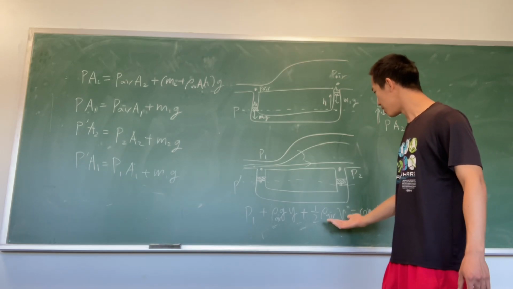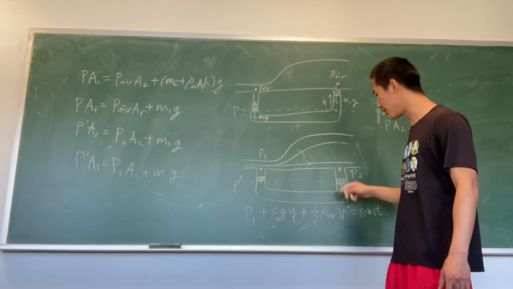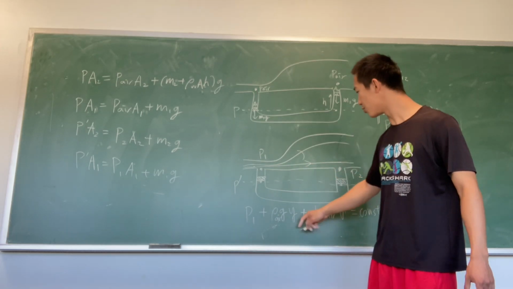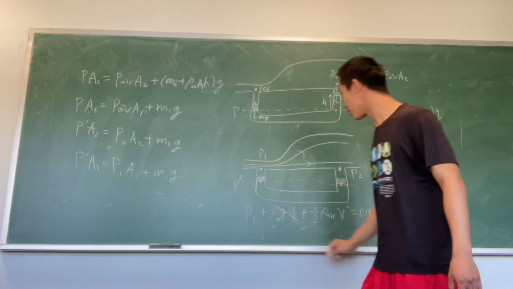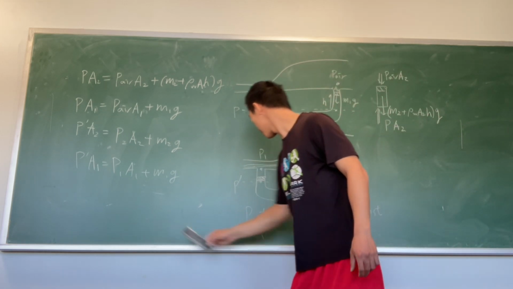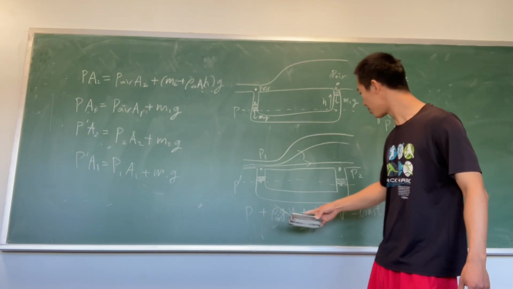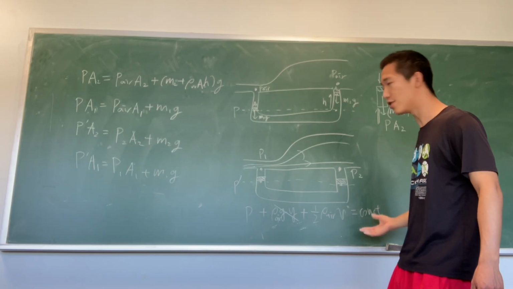If I sum up the 3 terms at this point and this point, they should give me the same answer because these 2 points have the same y position, so I can ignore this term. So the pressure plus potential energy plus kinetic energy becomes a fixed total energy.